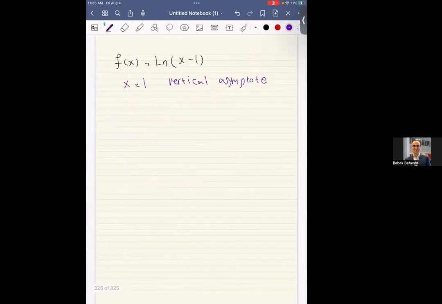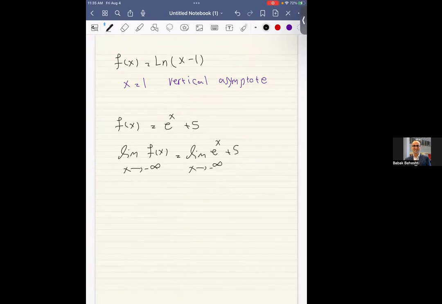But if you have something like f of x equal to e to the power x plus 5, now the horizontal asymptote is y equal to, because the limit of f of x as x goes to minus infinity is equal to the limit of e to the x plus 5 as x goes to minus infinity.